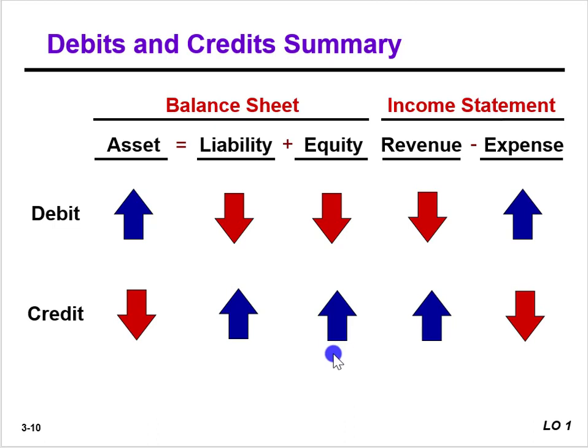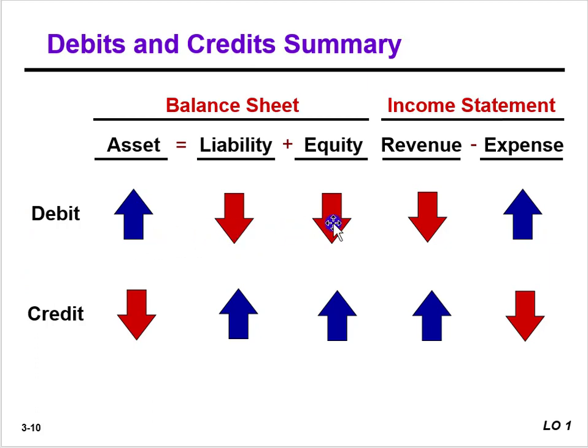And so again, this is another illustration showing you the accounting equation. You have assets equals liabilities plus equity, and typically revenue and expenses close out to equity. And so here you have the accounts, what happens when they are debited and what happens when they are credited. Assets increase when they're debited because they have a natural debit balance.